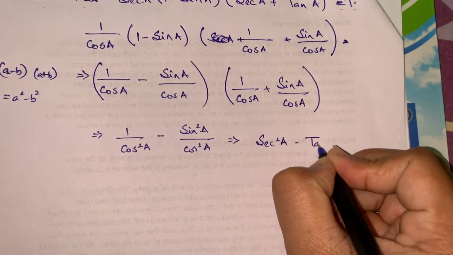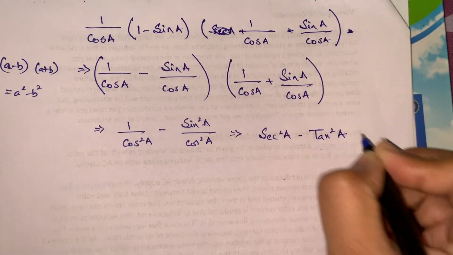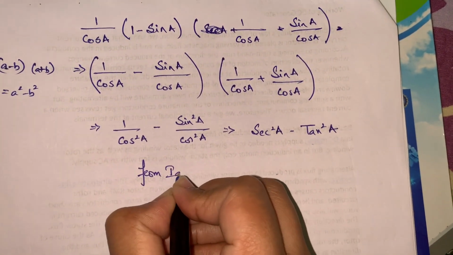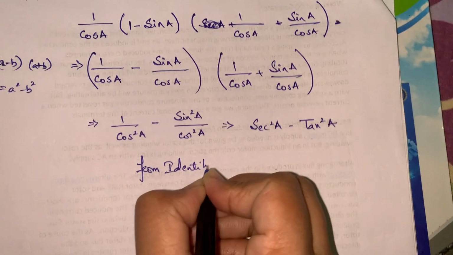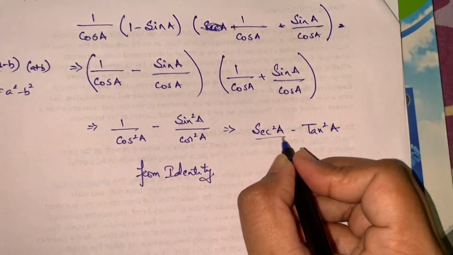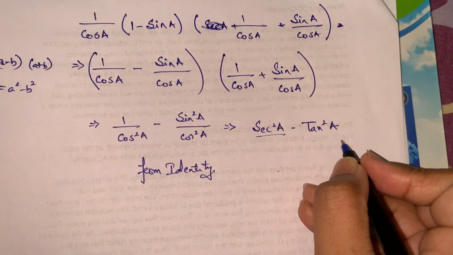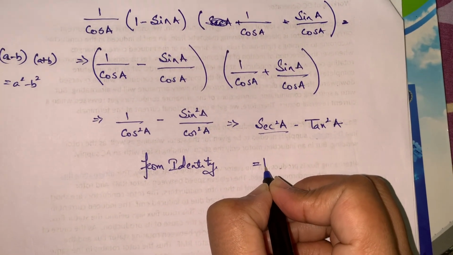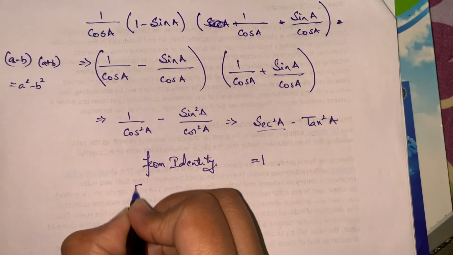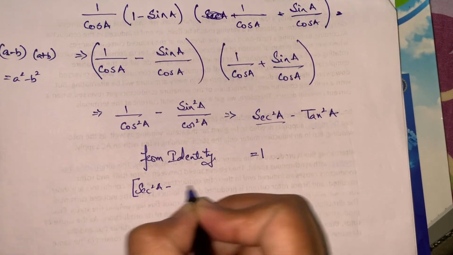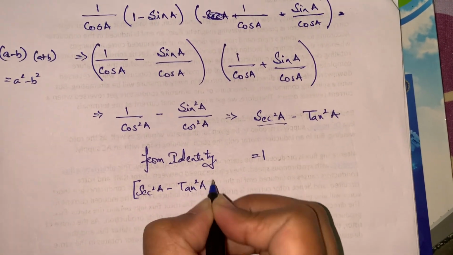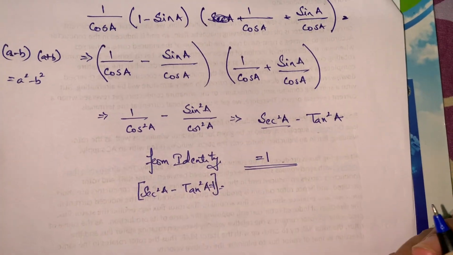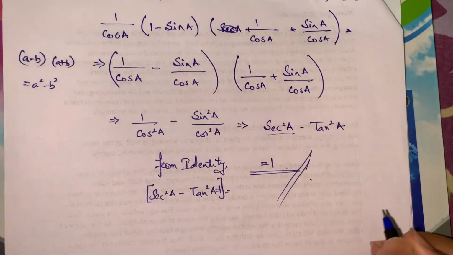So it is tan square A. From the identity, I know that secant square A minus tan square A is equal to 1. Isn't it? I already know it. What is the identity? It is secant square A minus tan square A is equal to 1 is what I know. So the same thing ultimately is equal to 1. Hence, I have proved this thing in here.